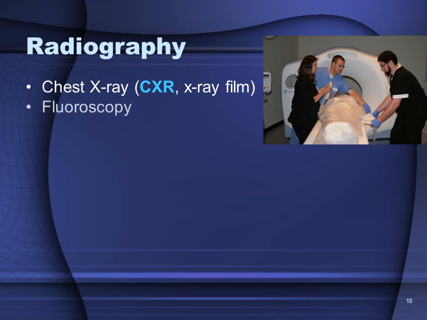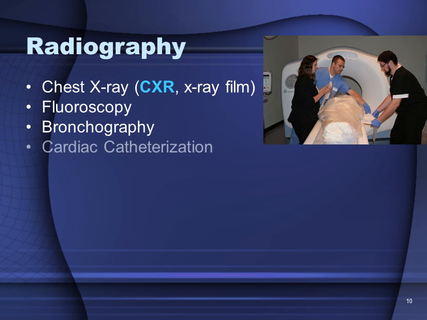We're also going to examine fluoroscopy, which allows us to look at movement or images in real time, bronchography, which allows us to examine the airway and the respiratory system. Cardiac catheterization, which is actually a sub-discipline of fluoroscopy. Coronary angiography, again, another sub-discipline using fluoroscopy.